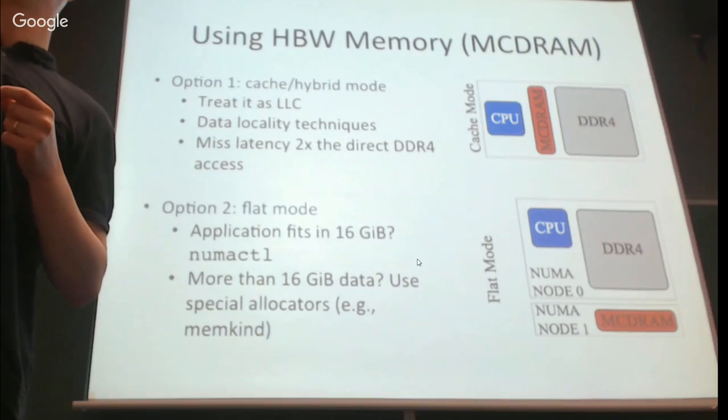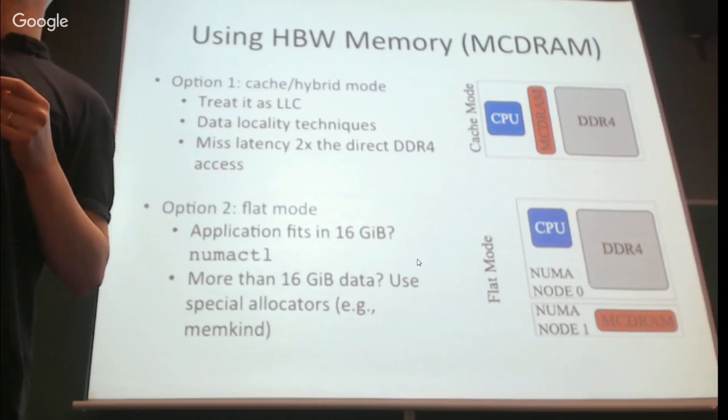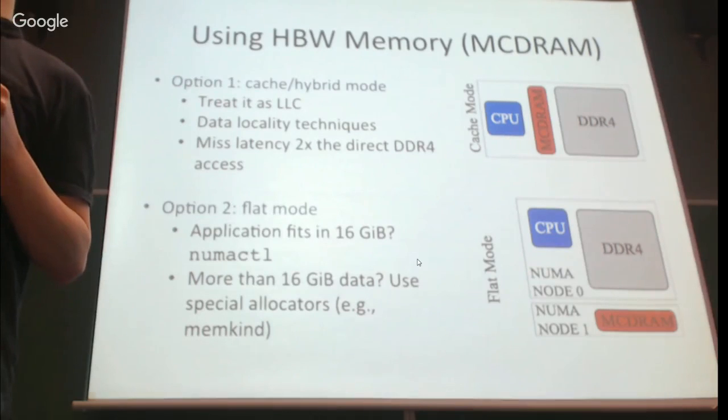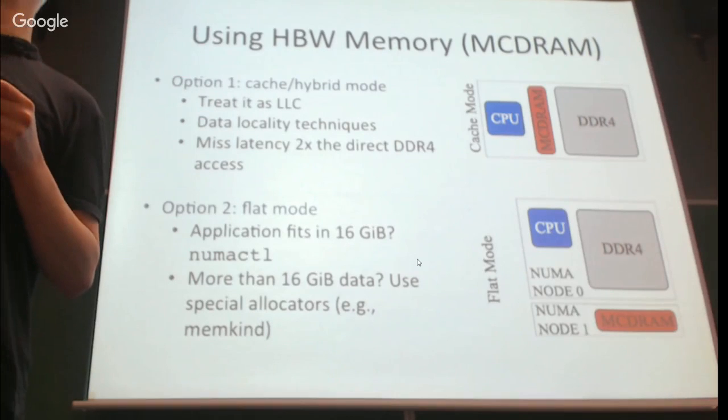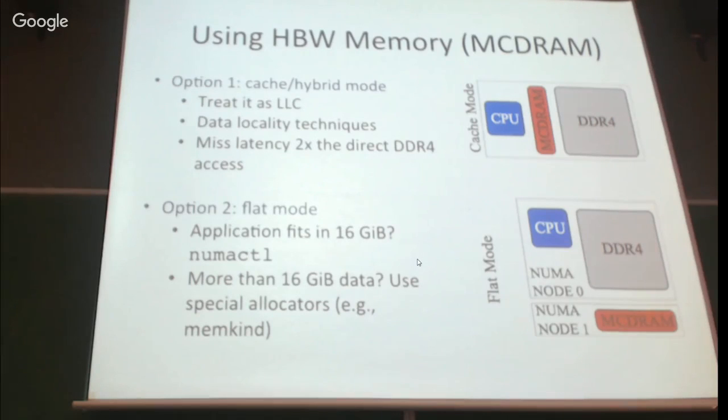If you're using directives to decorate your objects in Fortran, the one thing to bear in mind is that it leverages the memkind library under the hood. So you need to make sure that even though you're using a directives-based approach in Fortran, you're still linking to the memkind library. Some people forget that, okay?